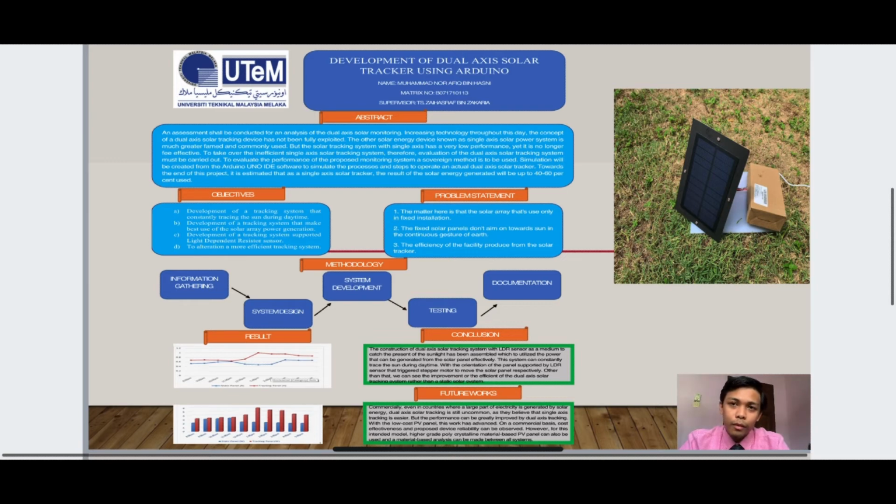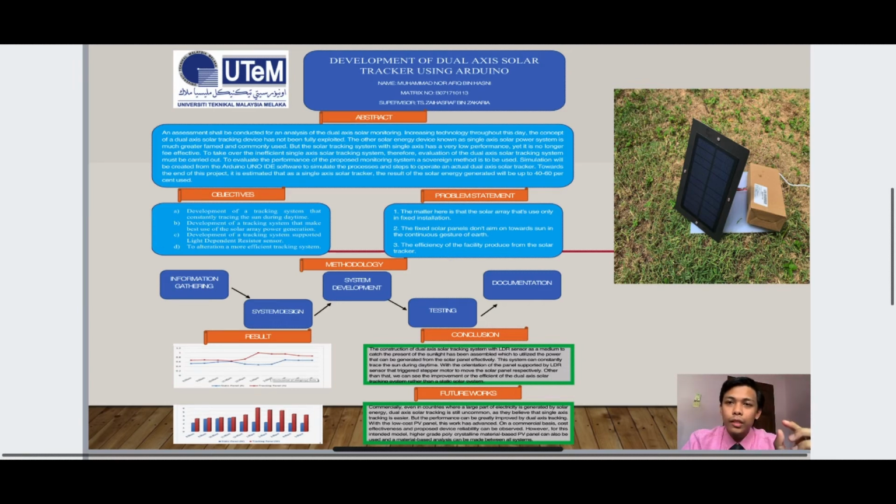So for the future work of this project, this development method can be implemented in countries where a large part of electricity is generated from solar energy, so they can use this dual axis solar method in their solar systems.